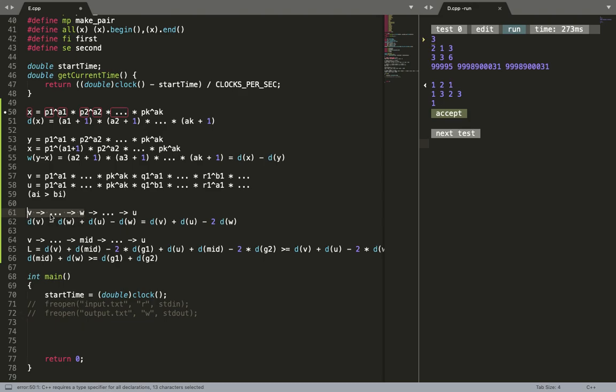Well, it is dv minus dw. In any case, as long as it is decreasing, we always divide by something. The length will be the same.